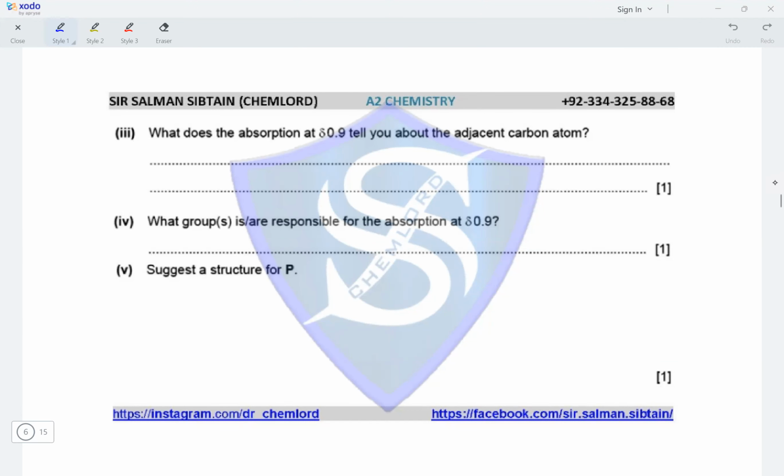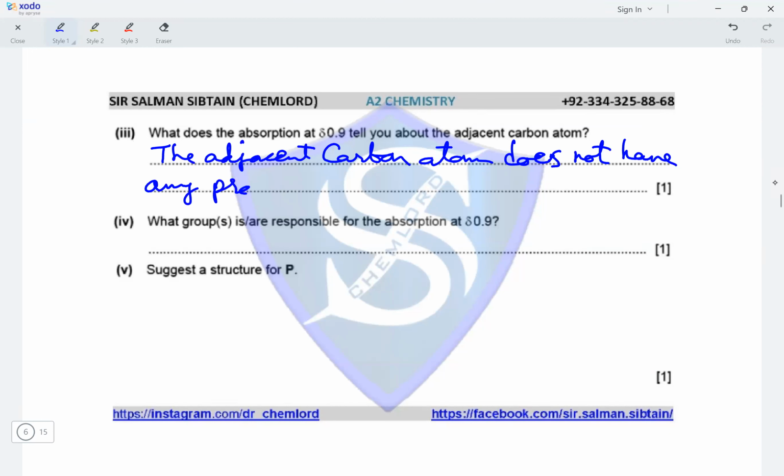What does the absorption at 0.9 tell you about the adjacent carbon atom? Since it is a singlet, it tells us that the adjacent carbon atom does not have any protons bonded to it.